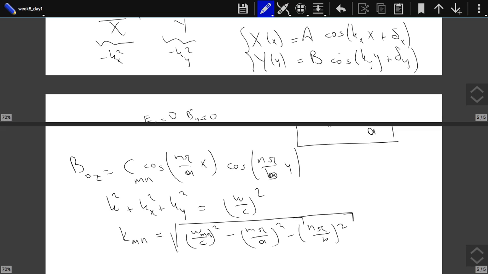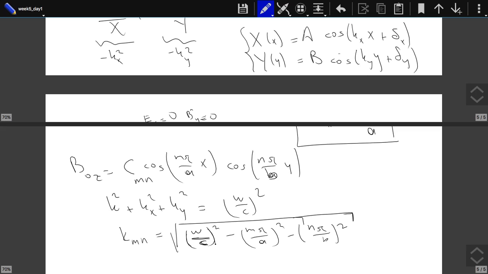Now, what are some results that we can see straight from here? Omega can have any value. We don't really have a restriction on omega. The only restriction is that for a given omega, k can only have these values. But for a given value of m and n, suppose we fix m and n, omega cannot be very small.